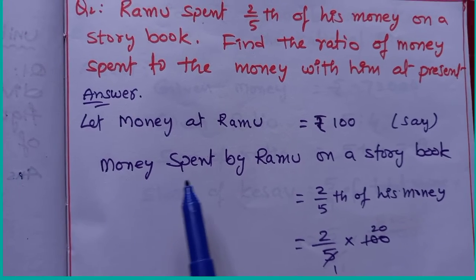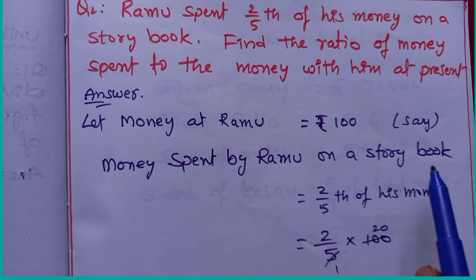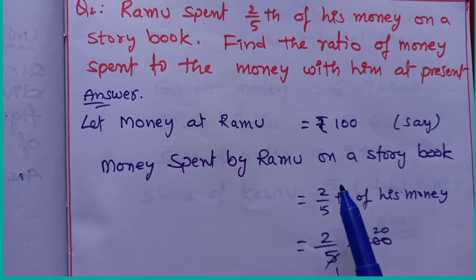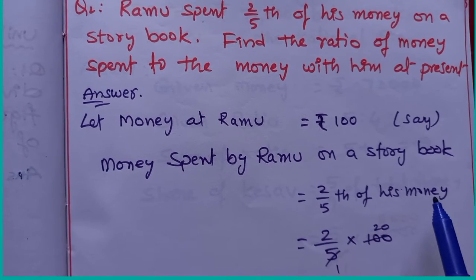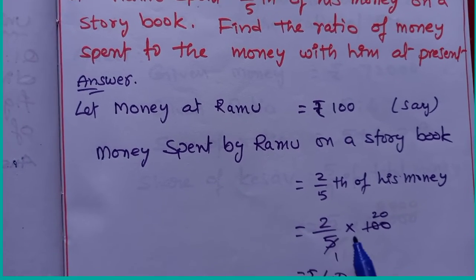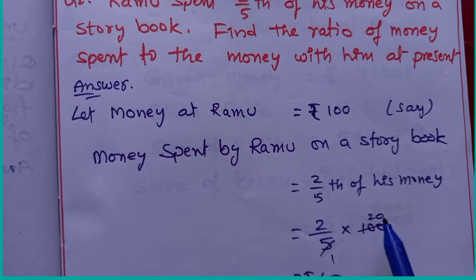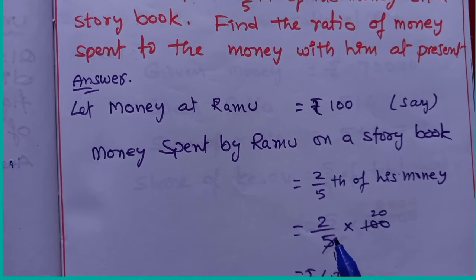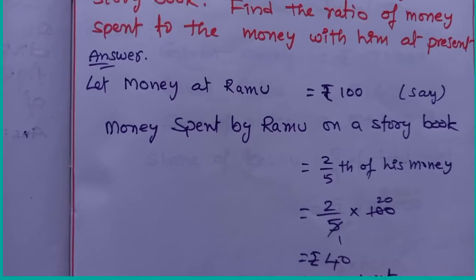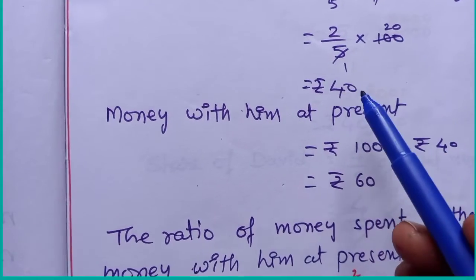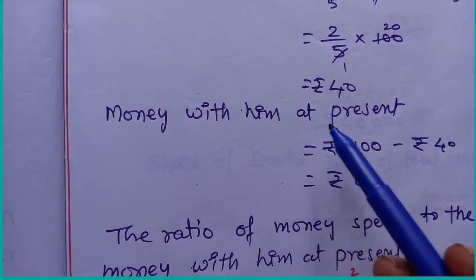Next, money spent by Ramu on a storybook is 2/5 of his money. Here 2 by 5 into his money, that is 100 rupees. 5 ones are 5 and 5 twenties are 100. 2 twenties are 40.